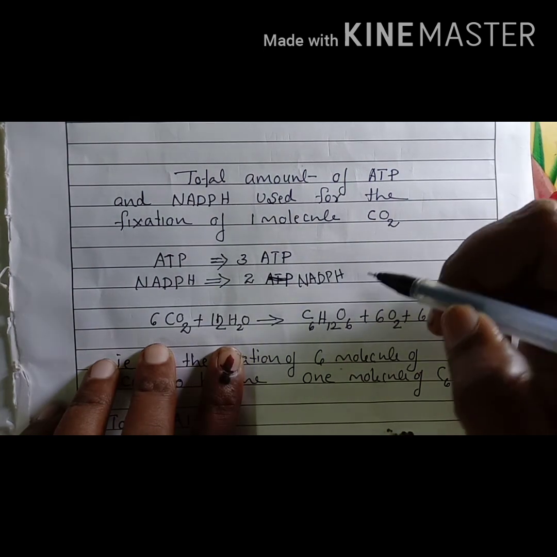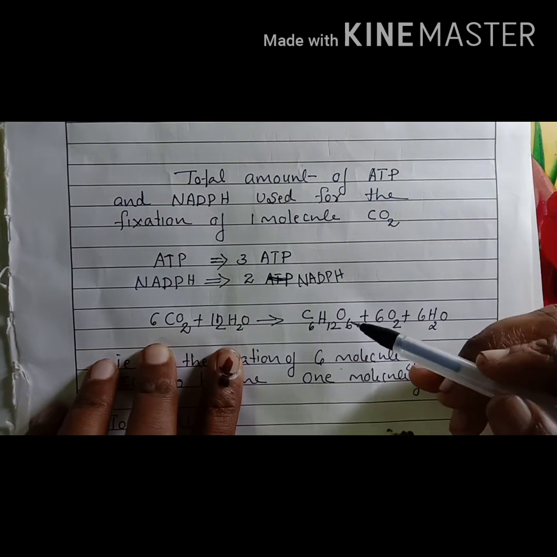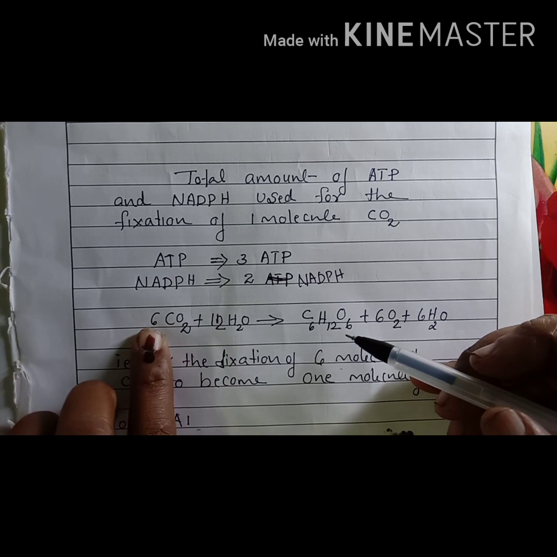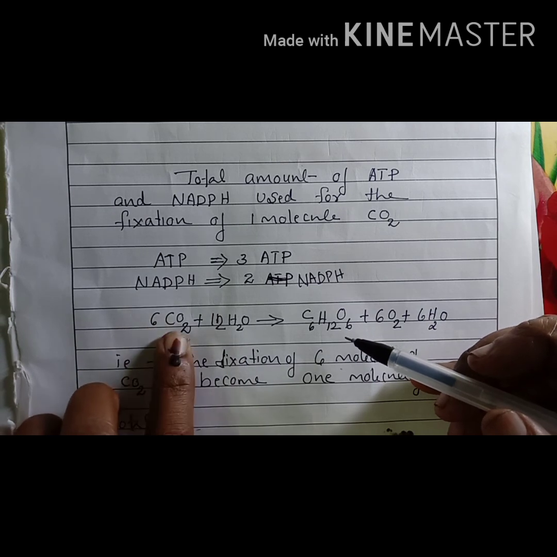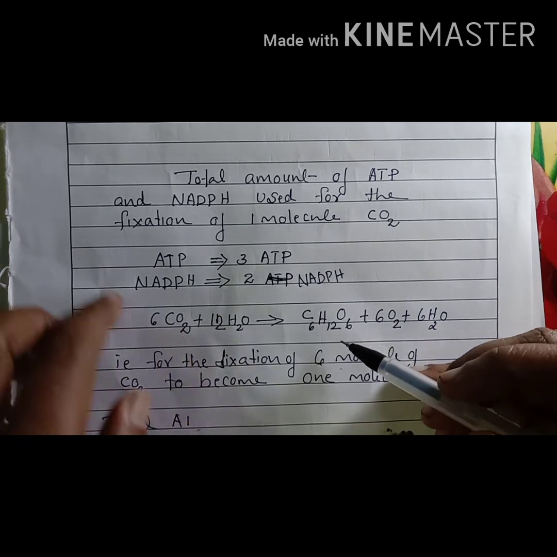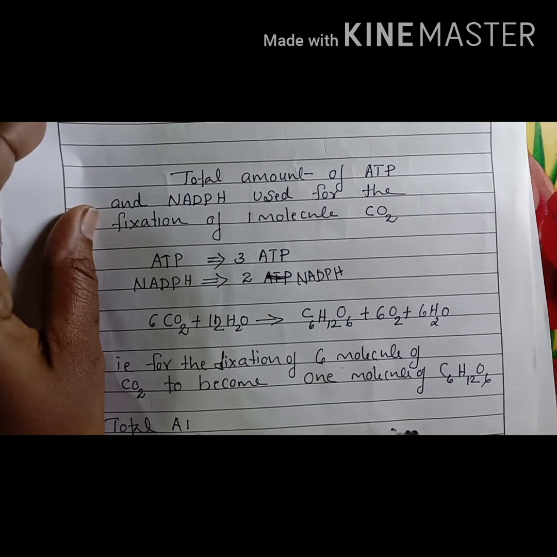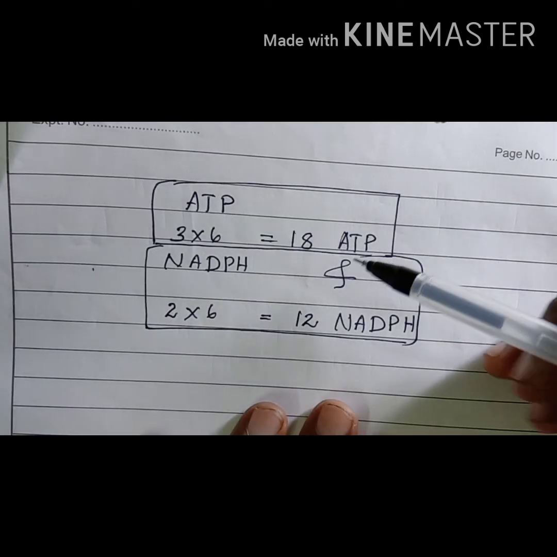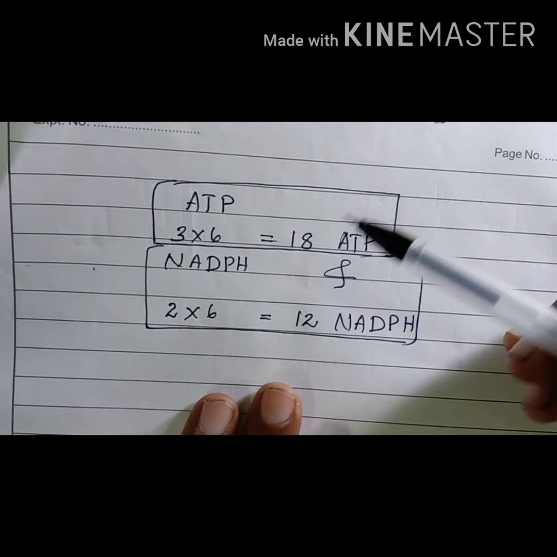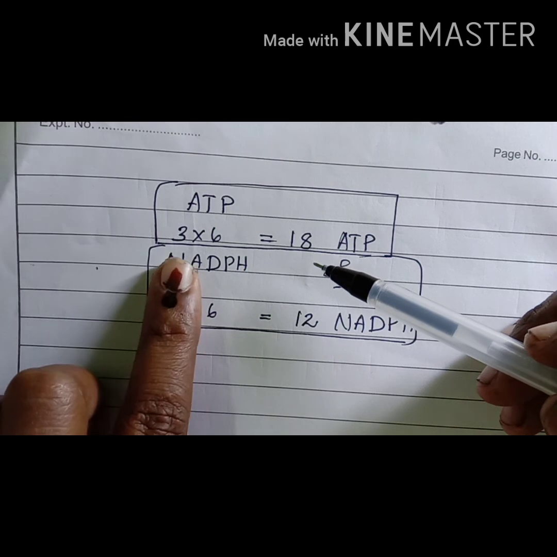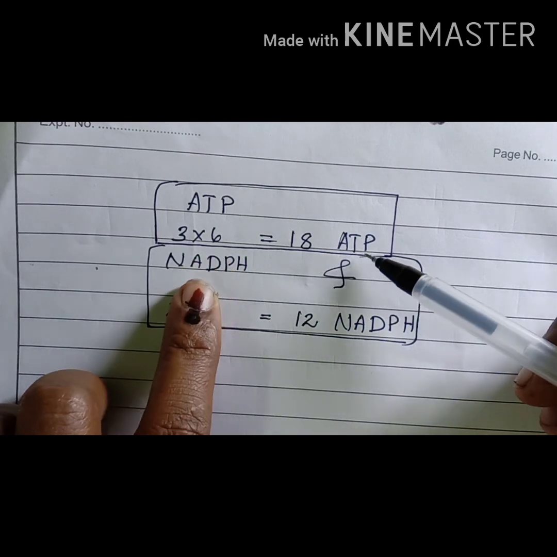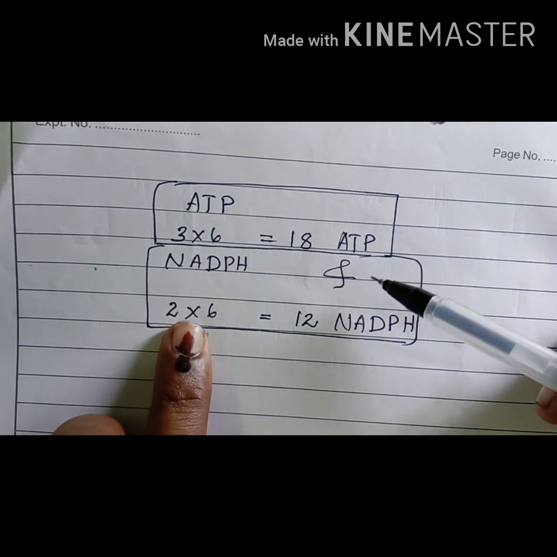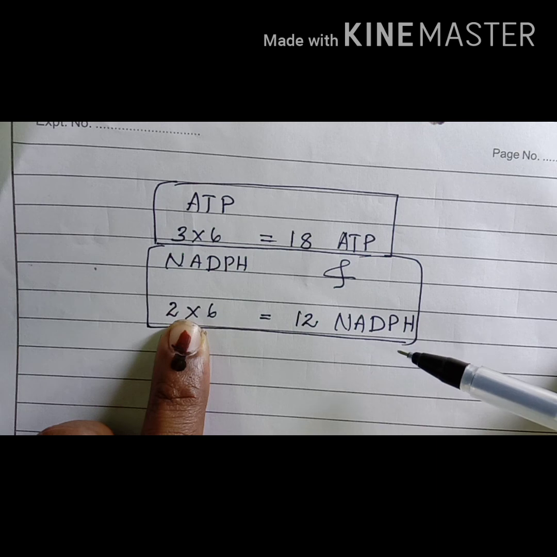That is utilized for the fixation of 1 molecule of CO2. Here we can see 6 molecules of CO2 are present. So in total, how many ATPs are utilized? For the formation of 1 molecule of glucose from 6 molecules of carbon dioxide, 6 into 3, 18 ATPs, and 6 into 2, 12 NADPH are utilized.